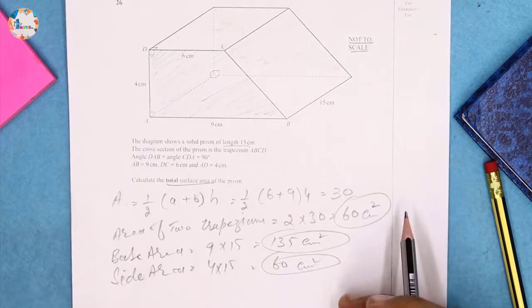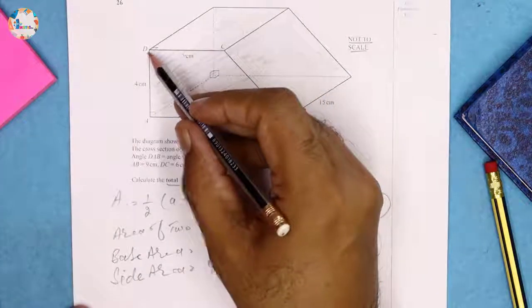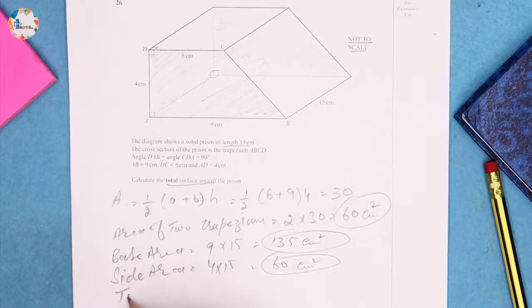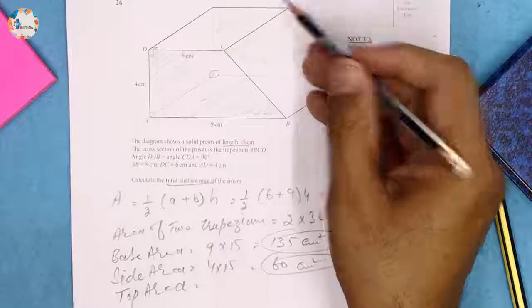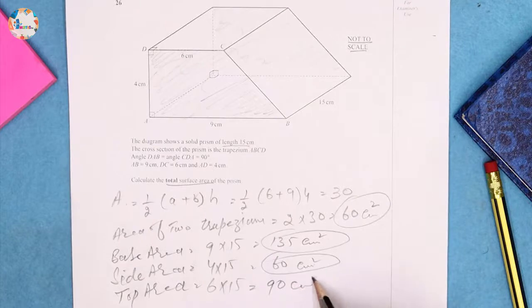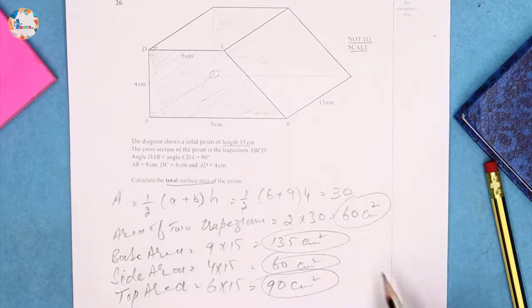So 4 sides we have calculated so far. Now the top area: this is 6 and this one is 15. So 6 times 15 will be equal to 90 centimeters squared. So this one is also done.